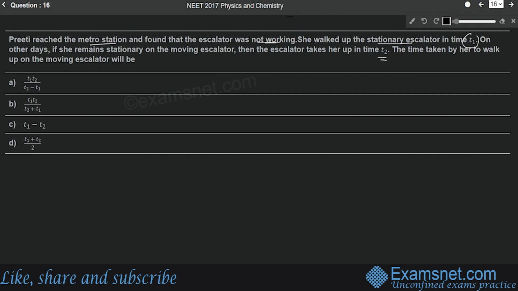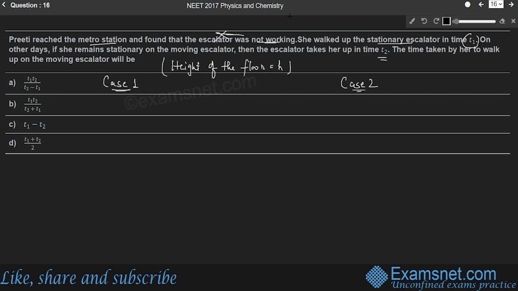Okay, so basically two cases are mentioned here. Let's say this is case 1, this is case 2. And let's assume that the height of the floor is h. Now in the first case, the escalator was not working.